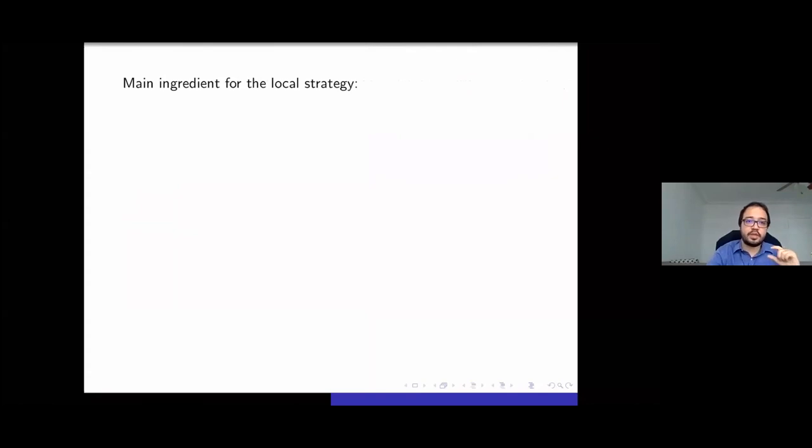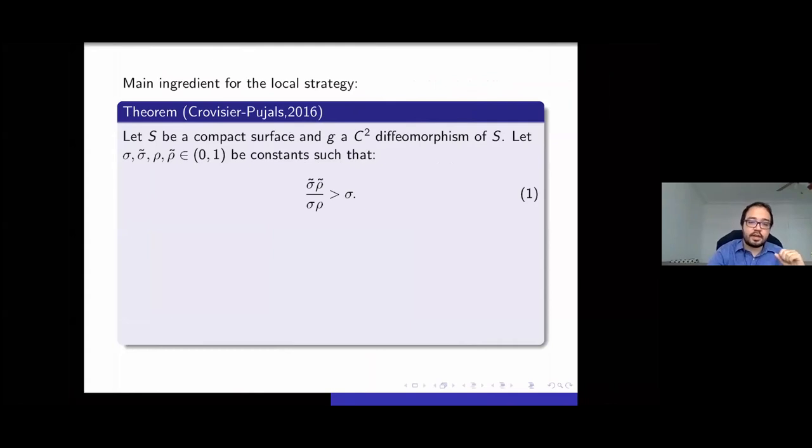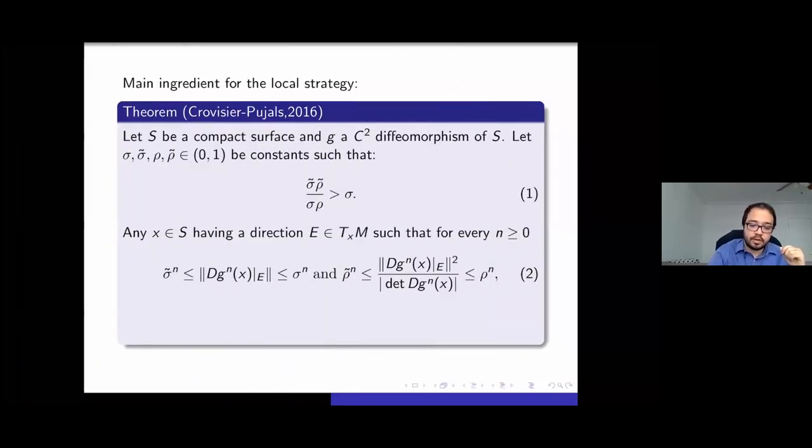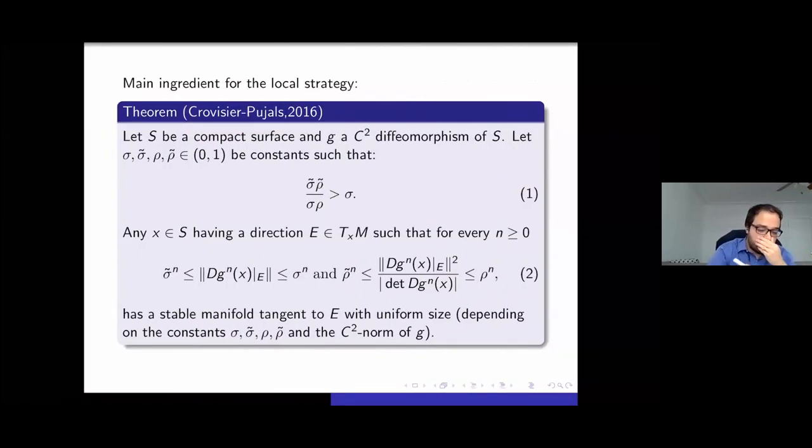So there is one key main ingredient, which you can think of as some quantified Poisson type of theory for surface diffeos that appears in a paper of Sylvain Crovisier and Enrique Pujals. So actually, let me state the whole thing, and then I'm going to walk through what these things are.